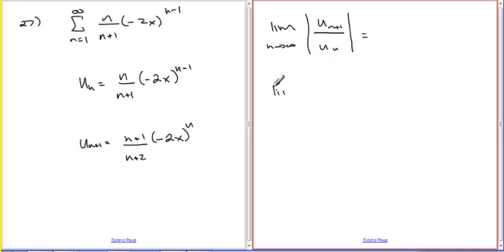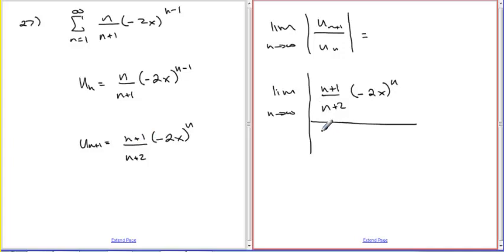Okay, so let's plug those things in there. U sub n plus 1 is n plus 1 over n plus 2 times (-2x)^n. Okay, so that's that part. And we divide by n over n plus 1 times (-2x)^(n-1).